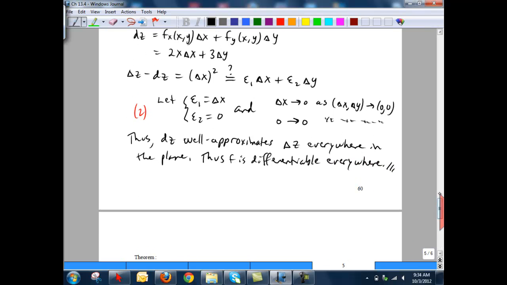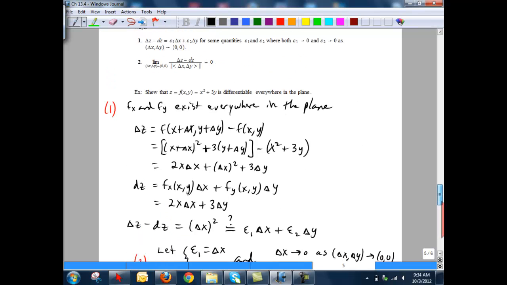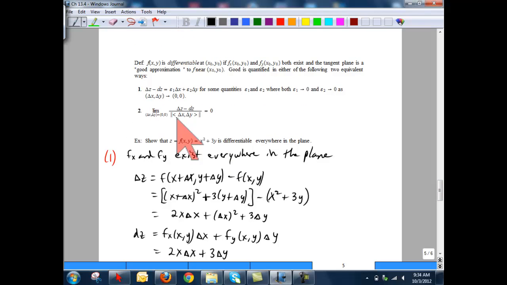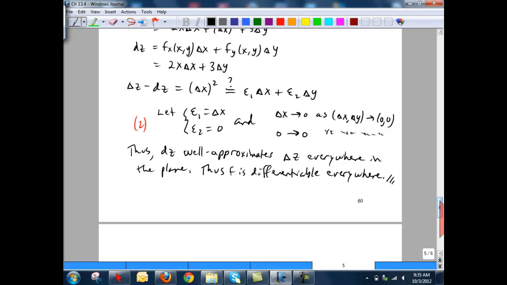Just for the sake of illustration, let me replace this discussion of the epsilons with usage of condition number 2. That says, let's look at a limit as we approach the origin of, upstairs, the difference between delta z and dz, and downstairs, just the size of the vector delta x, delta y, or in other words, how far we are away from the origin at a point of discussion.